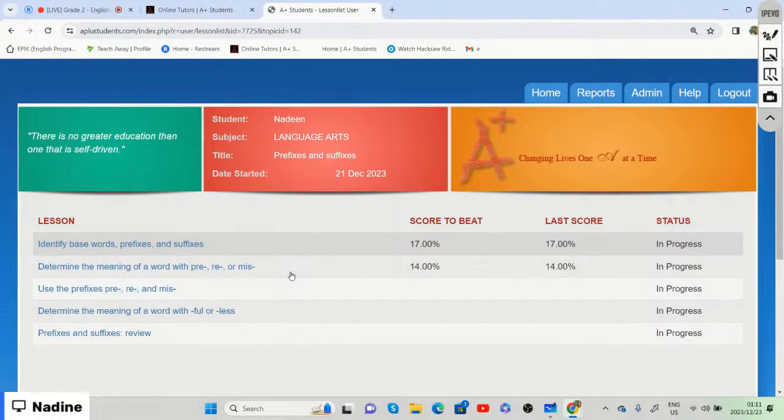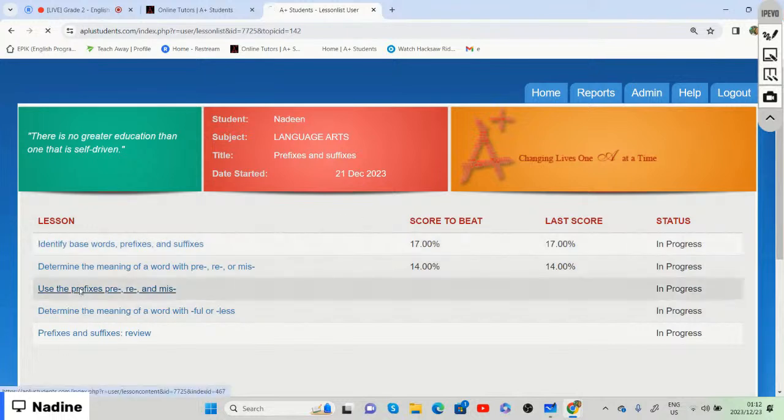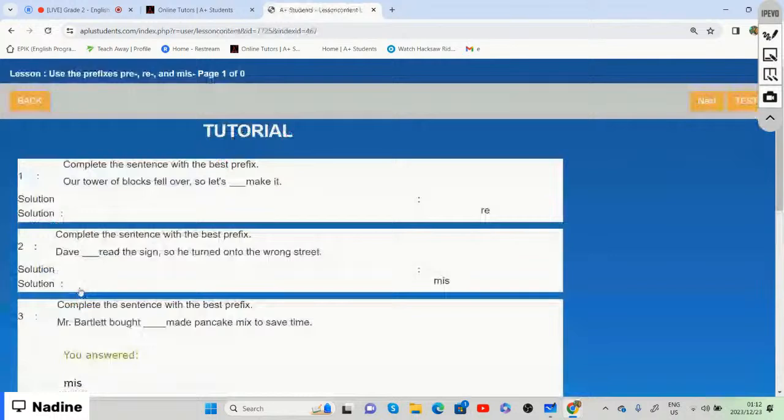You will create the meaning based on your base word as well as either your prefix or your suffix. All right. So now we're going to use the prefixes pre, re, and miss, right?